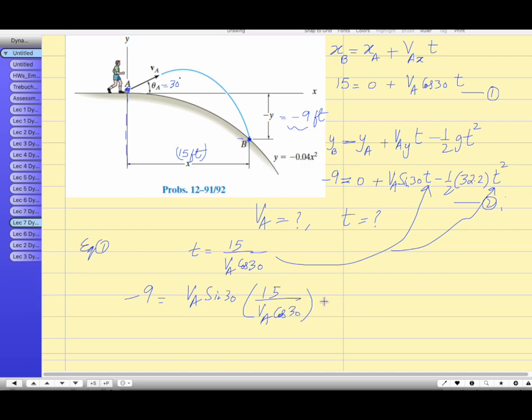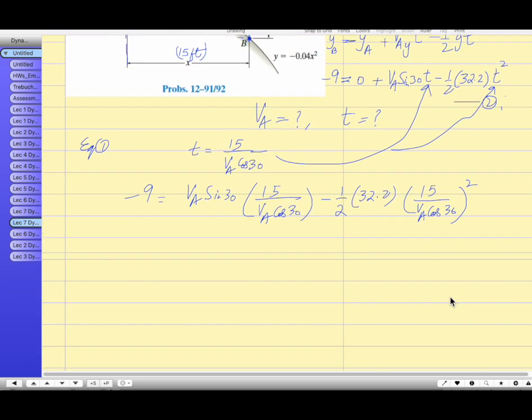Agreed? And then minus 1/2 times 32.2, times t, which is 15 over VA cosine 30, whole squared. So now it seems like a quadratic equation, but look, this cancels. So we are happy. It's just a square. So we can solve this question together.